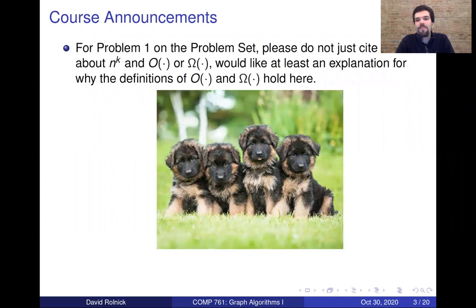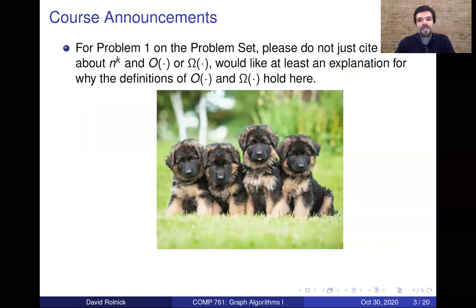It would be great to have an explanation of why the definitions of big O and big omega hold here. Are there any questions about anything in the course? Or what I just said? It shouldn't be bad. I just want you to work through this.